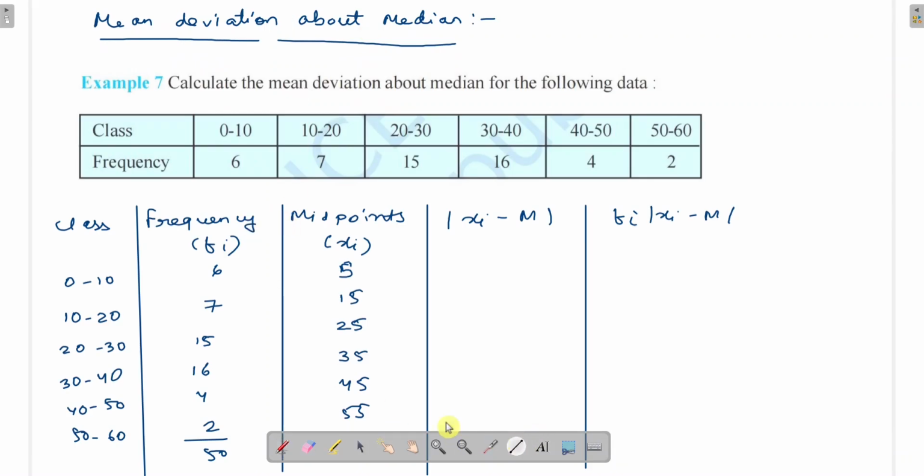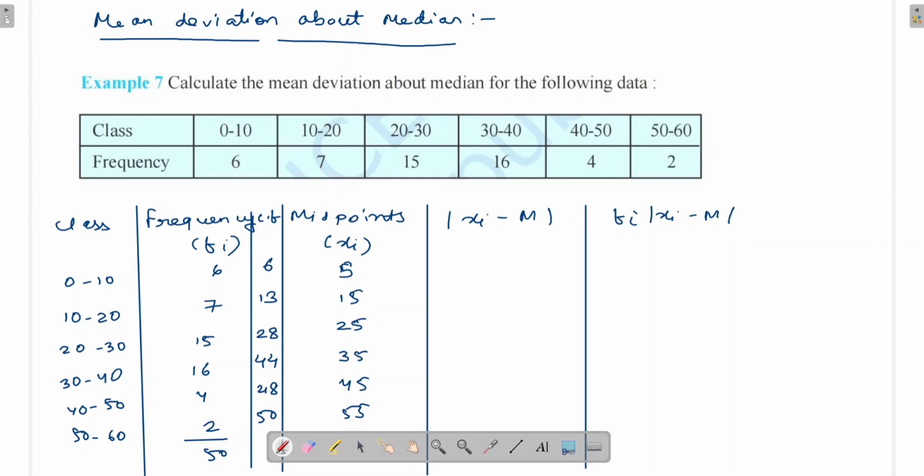Yeah, so here we need a cumulative frequency, that is CF. So that is nothing but you have to take the sum here. So this 6 will be 6, then 6 plus 7 will be 13, 13 plus 15 will be 28, 28 plus 16 will be 44, 44 plus 4 will be 48, and plus 2 is 50.